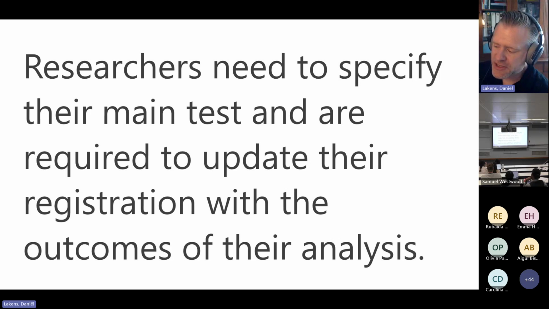Now, in these registries, people need to specify their main test, but over time, they became more and more detailed. And basically, over time, they become more similar to a pre-registration. So they started with different ideas, but they're sort of drifting towards the same thing as a pre-registration in psychology.